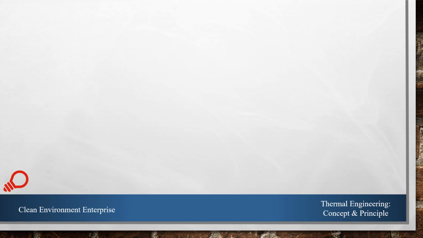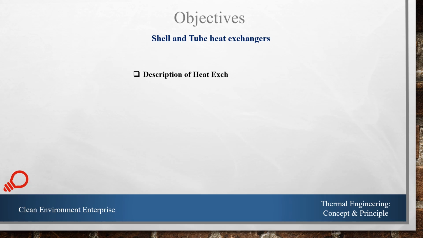Now, my friends, let us see what the objectives of the present episode are, which is related to the shell and tube heat exchangers. First, we will pass through the description of a heat exchanger and its structure.